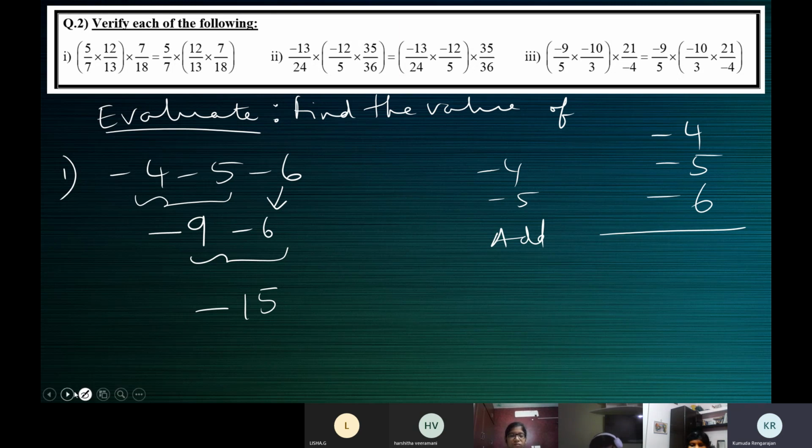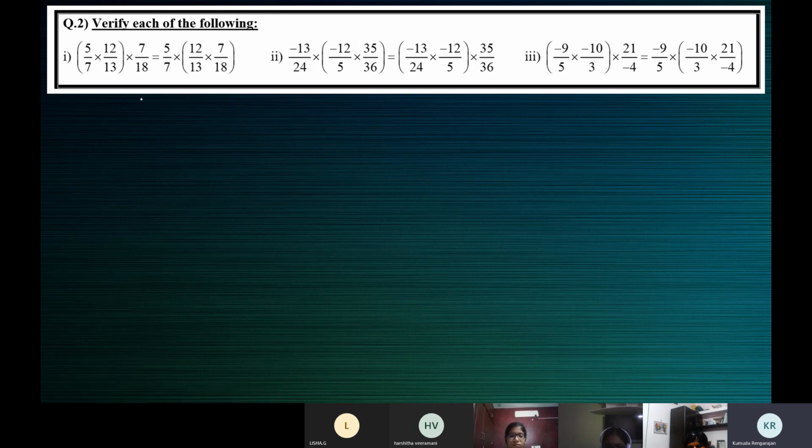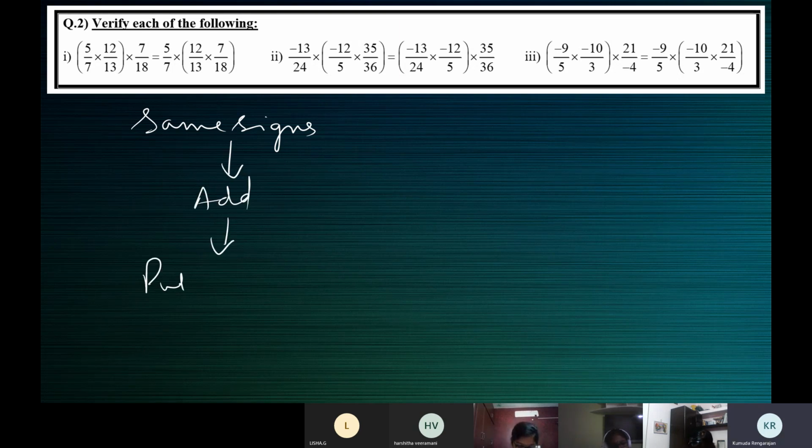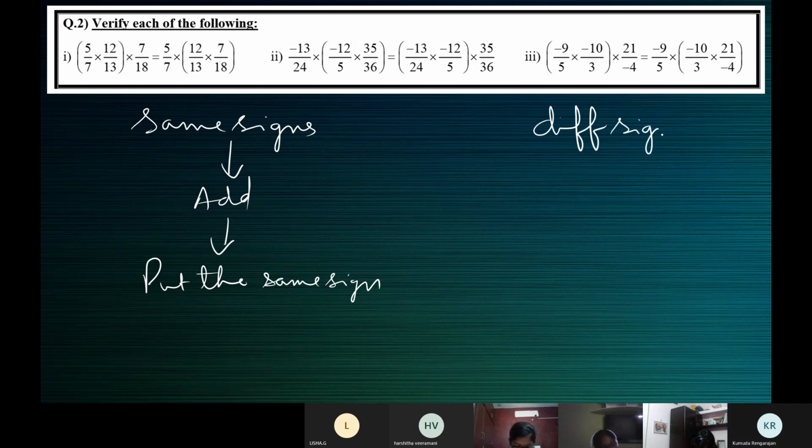Last time when somebody submitted the classwork, you had not written this correctly. Write this, children. Same signs, you must add and put the same sign. When you have different signs, you need to subtract and put the sign of the greater number.